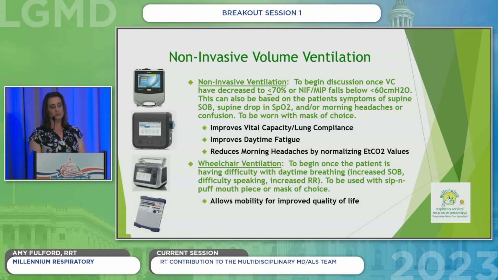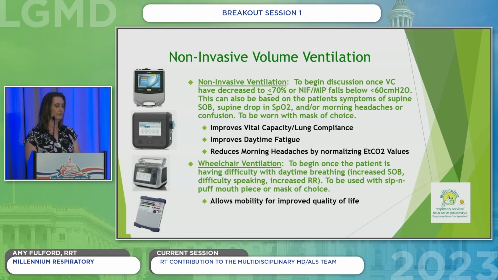Based on patients' symptoms, again, we do look at supine shortness of breath, drop in your oxygen saturation, and talk about morning headaches and confusion. A lot of times the symptoms that you're experiencing, not waking feeling rested, having morning headaches, getting up frequently to urinate, are overlooked or contributed to other factors.